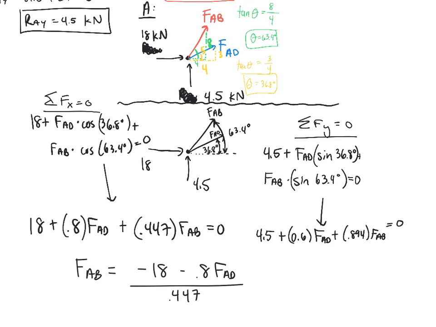Take 18 as a positive, move it over, it becomes negative. Take 0.8 FAD as a positive, move it over, it becomes negative 0.8 FAD. How do you get rid of a coefficient that's left now? Divide by 0.447, divide by 0.447. That is FAB. You can take that expression and plug it in right there.